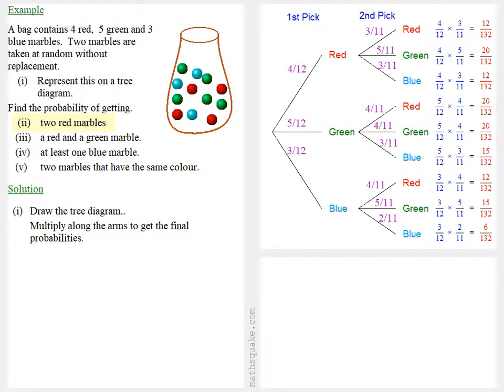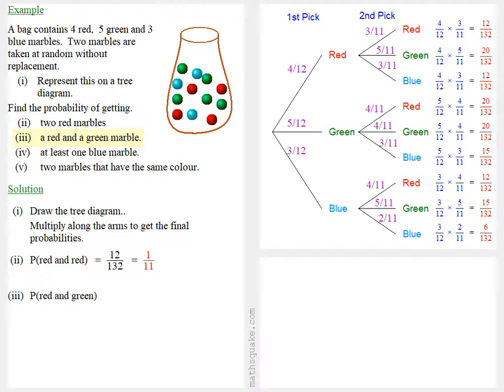Now for part 2, we're asked to find the probability of getting 2 red marbles. Well, the probability of getting a red and then a red we can see is 12 over 132, which cancels down to 1 over 11. In part 3, we're asked, find the probability of getting a red and a green marble.